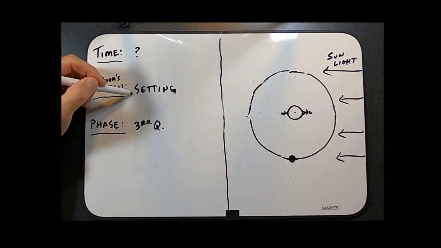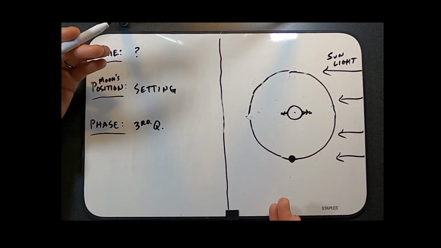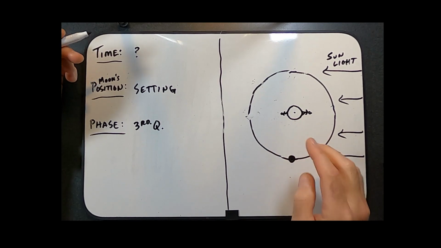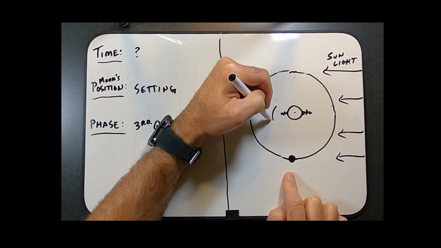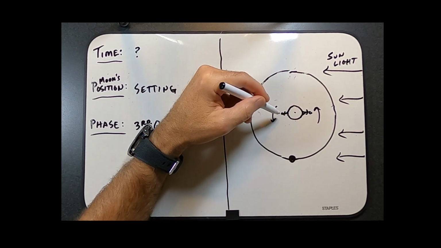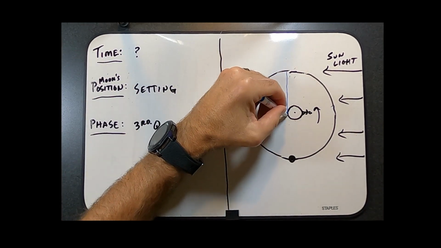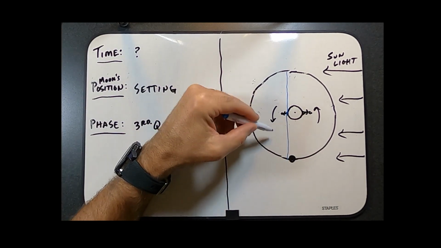Now, the moon is setting. So that means for something to set, you have to turn away from it. So which of these two is going to be the person turning away from this moon? Well, remember, the Earth turns counterclockwise. So this person down here is going to have the moon on the horizon, but they're turning towards it.